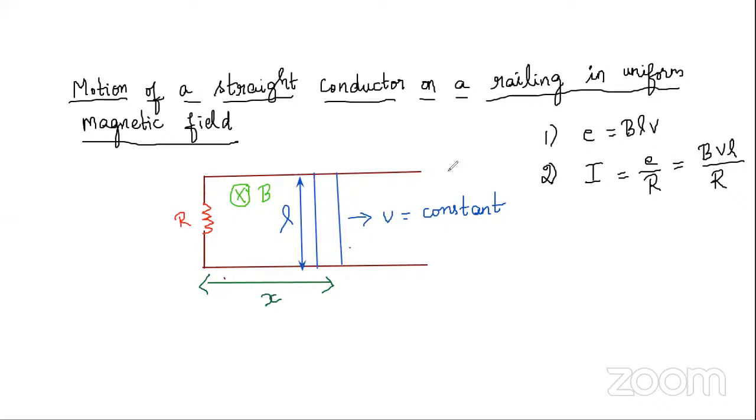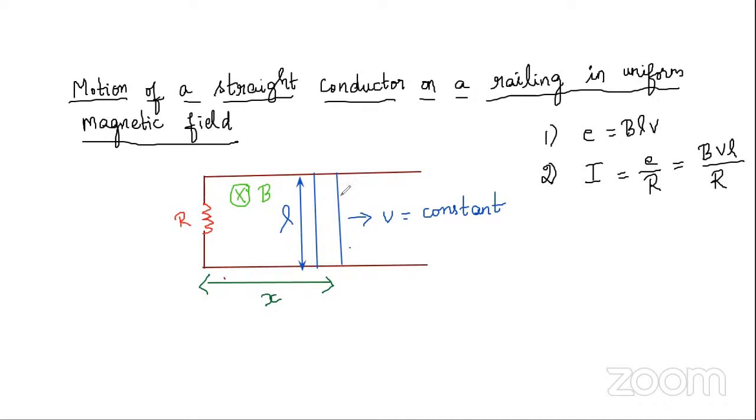So here, due to the movement of this rod, you will get some induced EMF on the rod, and due to that, you will get induced current on the rod as well. The rod is moving, and due to that, you get induced EMF, and due to that, induced current also.